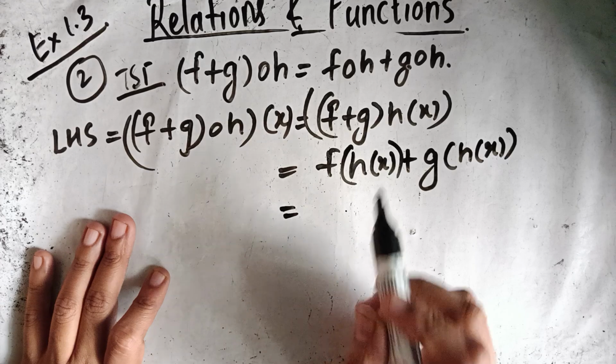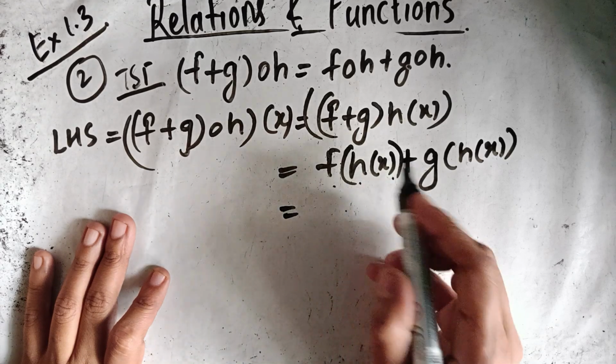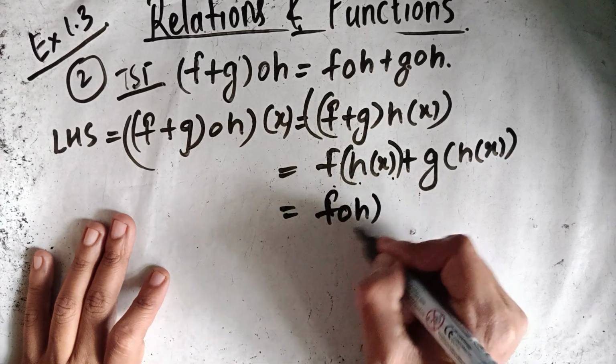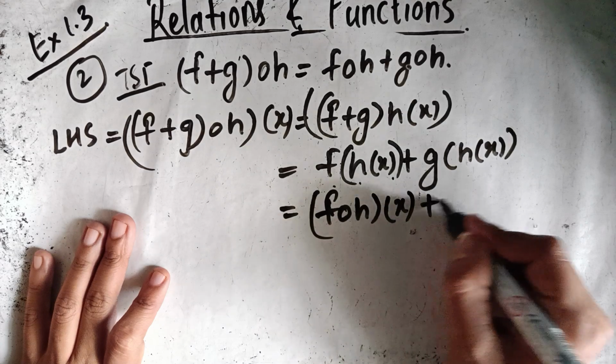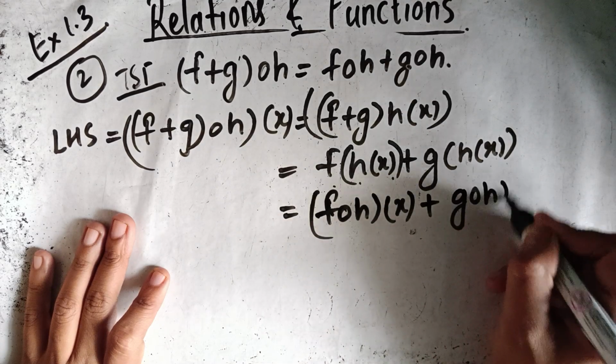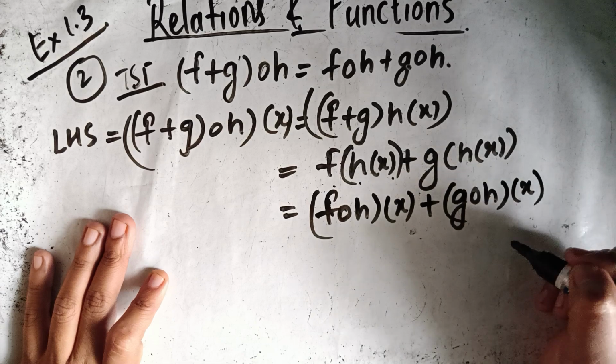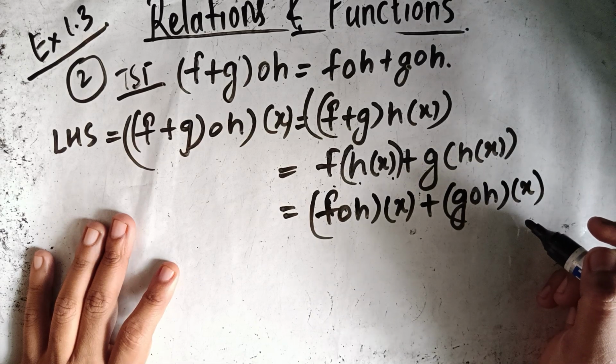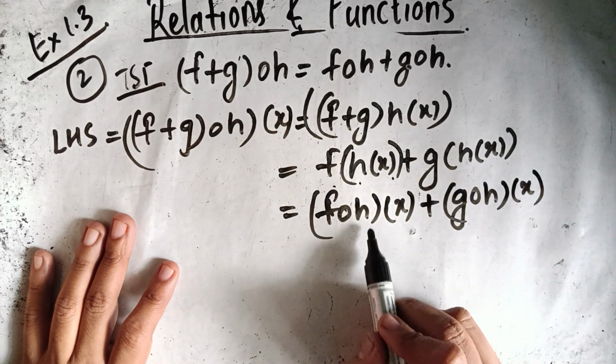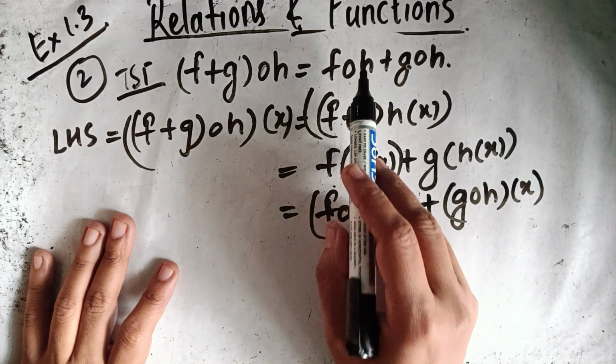Okay. So f of h of x is nothing but f composite h of x, plus g composite h of x. Okay, and this is our right hand side.